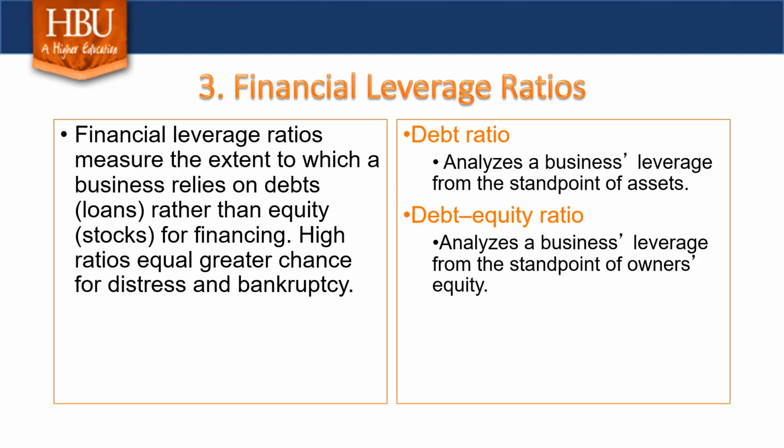The negative way to look at a financial leverage ratio would be a debt ratio. This considers a business's leverage from the standpoint of assets. That is, are their debts greater than their assets? The debt equity ratio considers a business's leverage from the standpoint of the owner's equity.